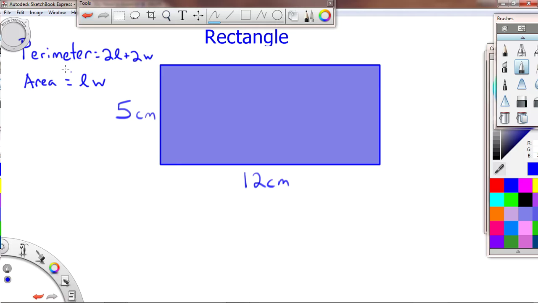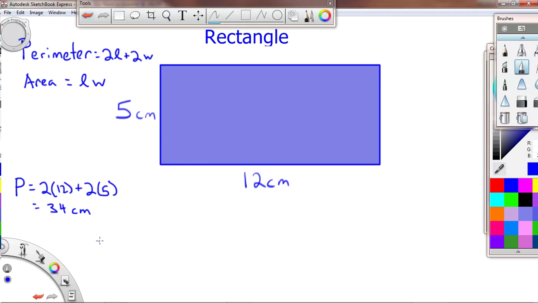My perimeter, and I'm just going to use a capital P, is equal to double the length, that's 2 times 12, plus double the width, that's 2 times 5. And this is equal to 24 plus 10, which is 34. Now, since we're talking about length, my units here are going to be centimeters.